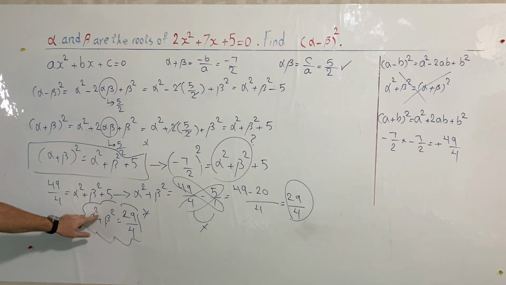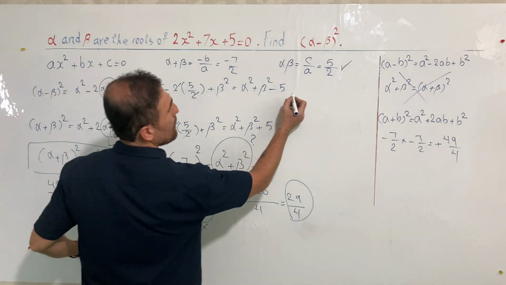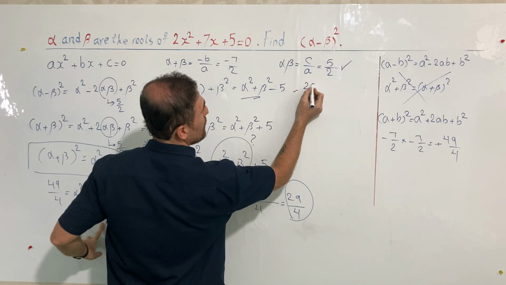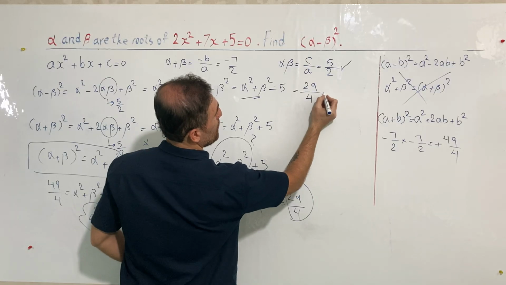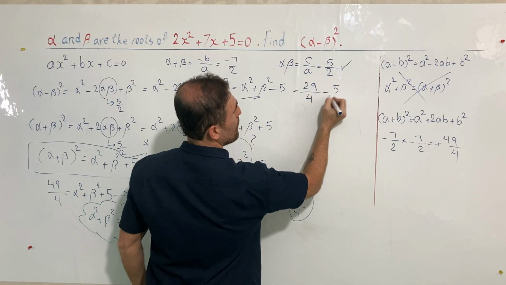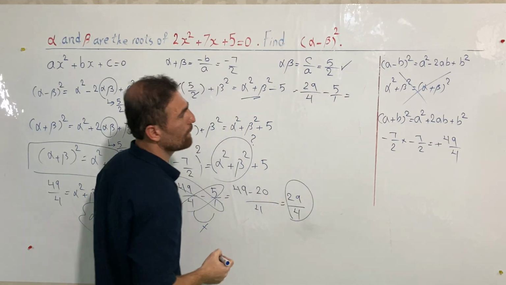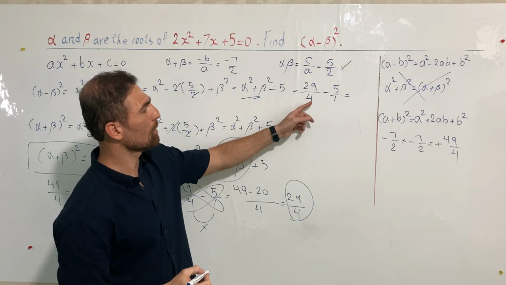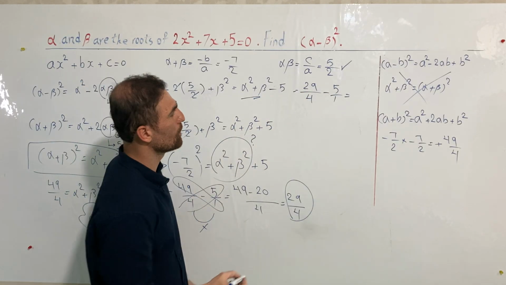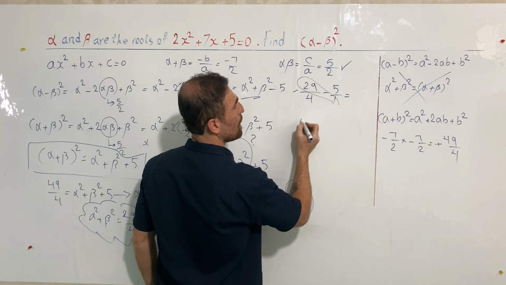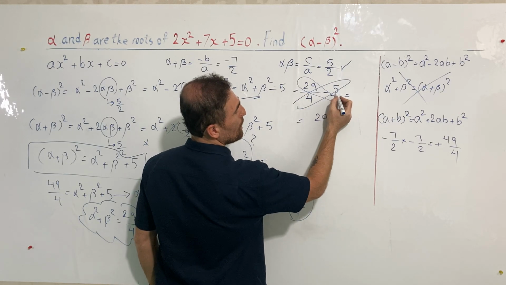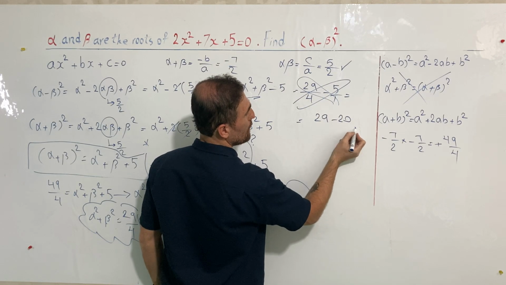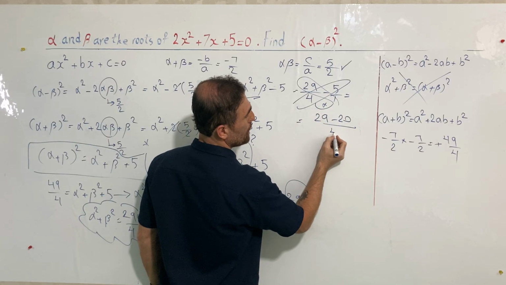So, alpha squared plus beta squared is this one, 29 over 4, minus 5, which means 5 over 1. What is the value of 29 over 4 minus 5 over 1? 1 times 29 is going to be 29. 4 times 5 is going to be 20. 4 times 1 is going to be 4.